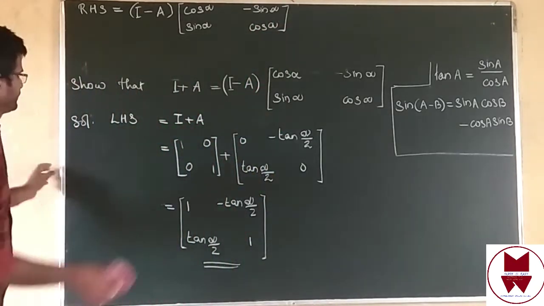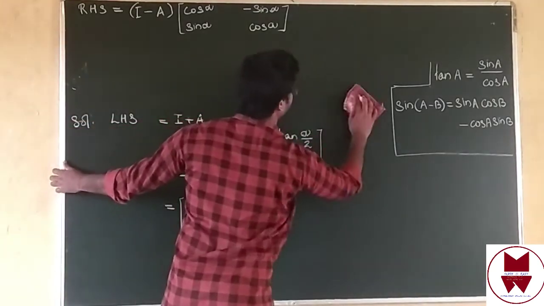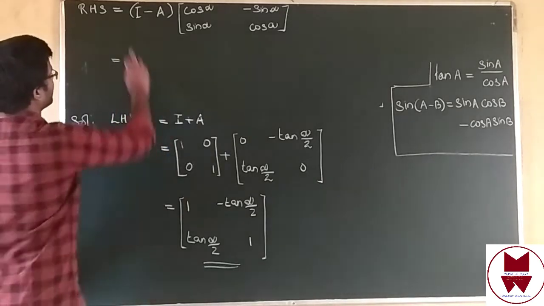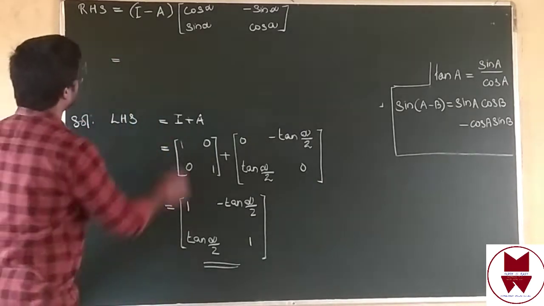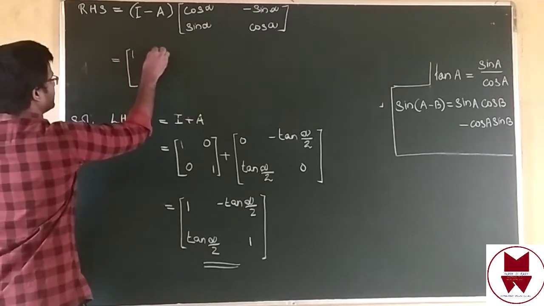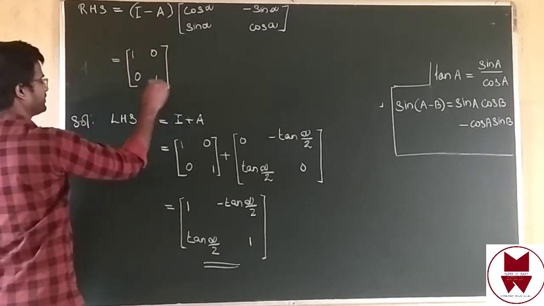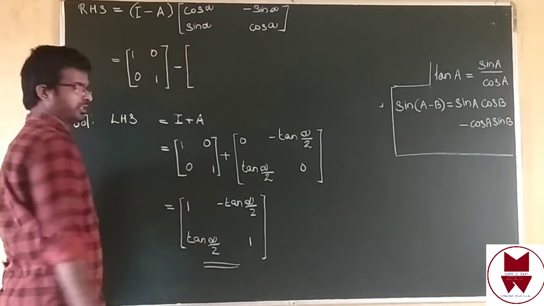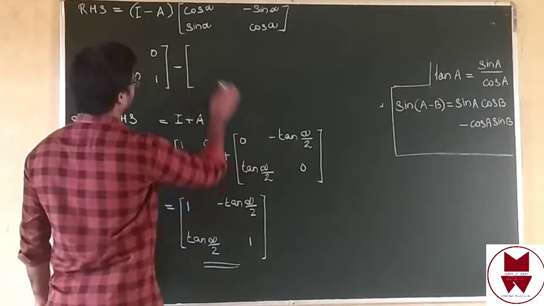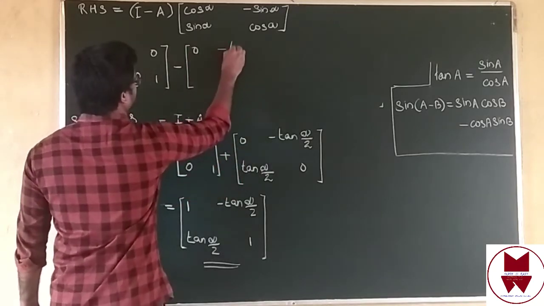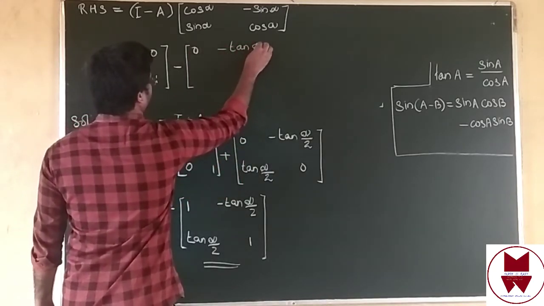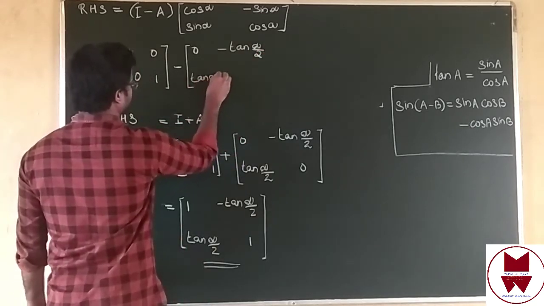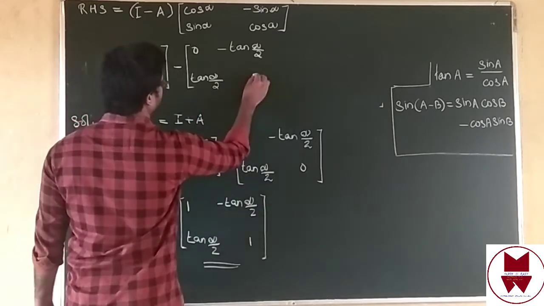This is our RHS side. RHS equals I minus A. I means [1 0; 0 1], the identity matrix of order 2, minus A. A is already given in the question. This is A, isn't it? [0, minus tan alpha by 2; tan alpha by 2, 0].